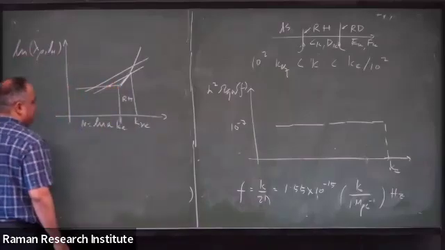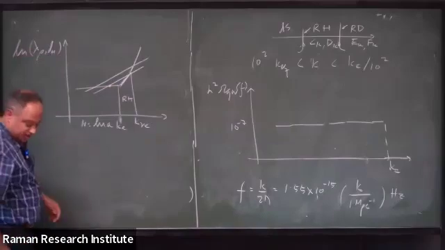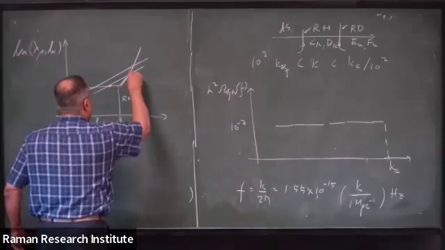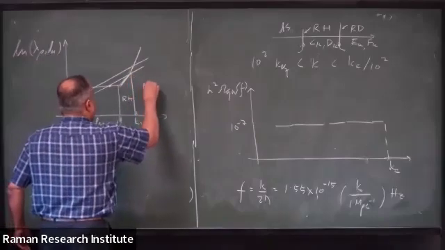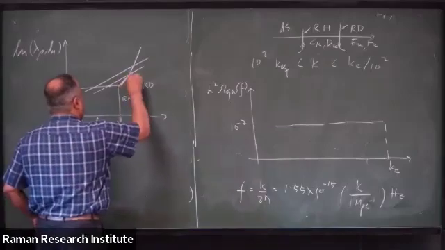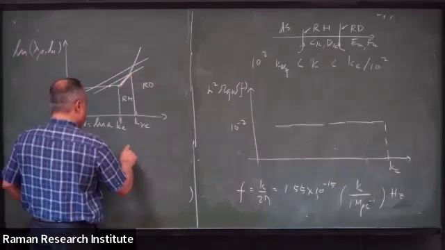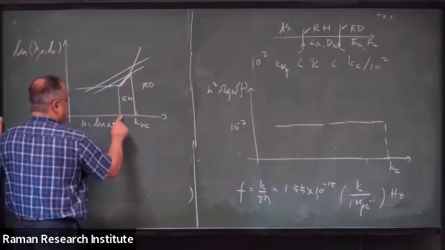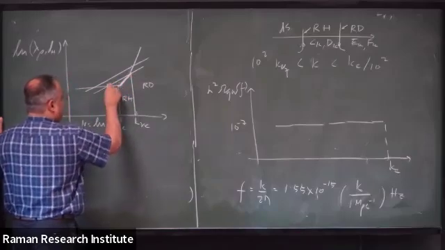It leaves the Hubble radius at an earlier epoch, not surprising. It is less than KE. Okay, and this is the epoch of radiation domination. And so there is a window here, a window of modes. KE leaves at the end of inflation.